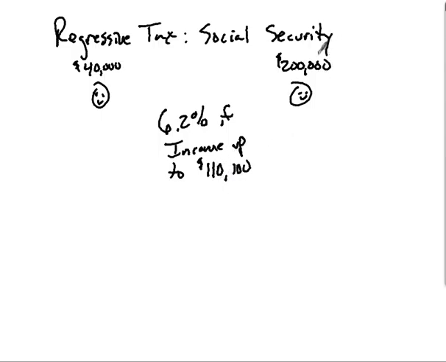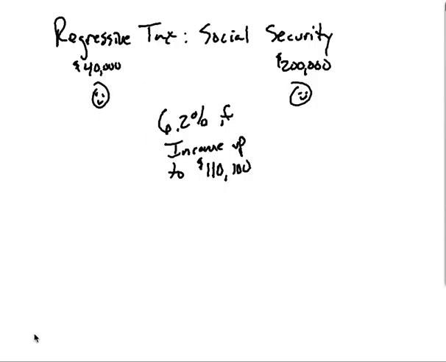If this person over here is earning 200,000, the Social Security tax says on your first 110,000, we're going to charge you 6.2%, but on the other 90,000, we're not going to charge you anything. Let's look and see what happens to the taxes that these 2 pay and why this is considered a regressive tax.